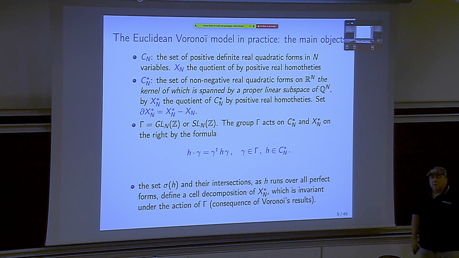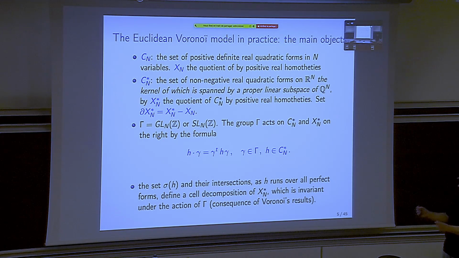Just so that I understand, as a topological space, the dimension of X_n star is the same as the dimension of X_n, and the boundary is one of those? Yeah, I mean here, yeah. That's because yesterday when I asked why one did retract because of lower dimension. I'm just trying to.